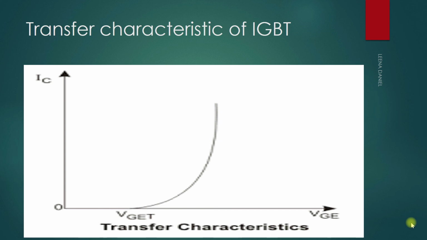So if we see the basic difference between the BJT and the IGBT and MOSFET, the IGBT has an insulated gate, and the MOSFET also has an insulated gate, but in the BJT there is no such option.